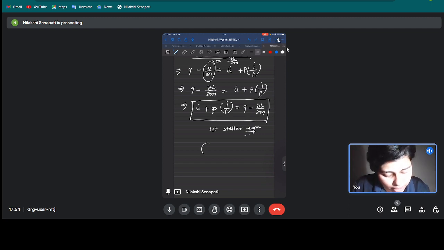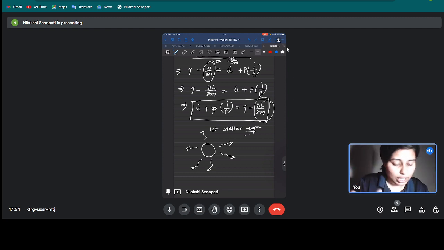Because when a star is there, it is losing energy by emitting light, just by radiation. That is what is given here in this term.